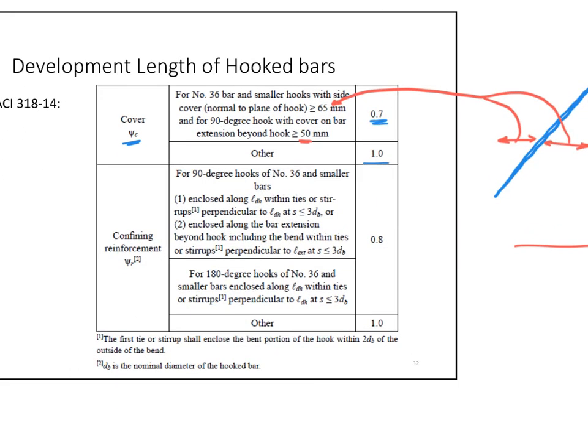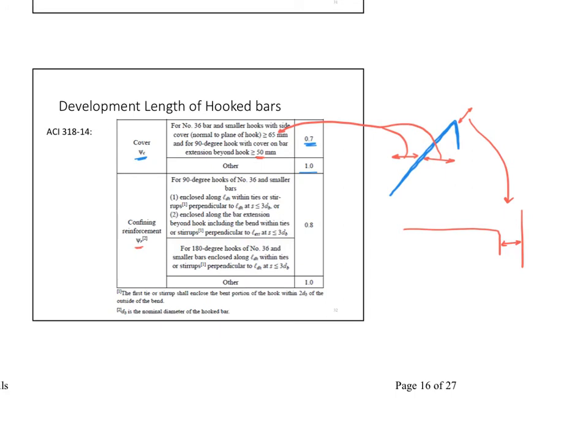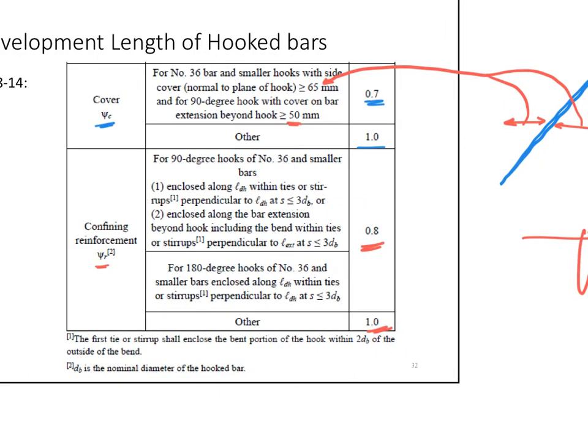The next one is psi R, which is the confining reinforcement. If I have good confinement, which means I have enough stirrups that are confining this hook, whether it is ties for columns or stirrups for beams, then in this case I can take it 0.8, otherwise I take it as 1. Reading this, it says for a 90-degree hook, these provisions apply.